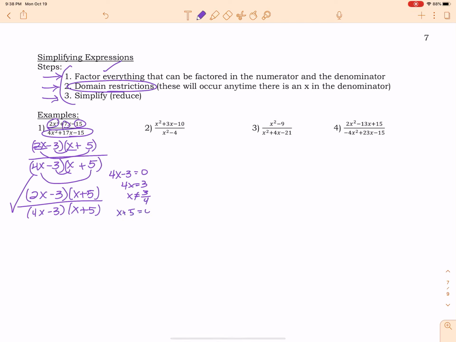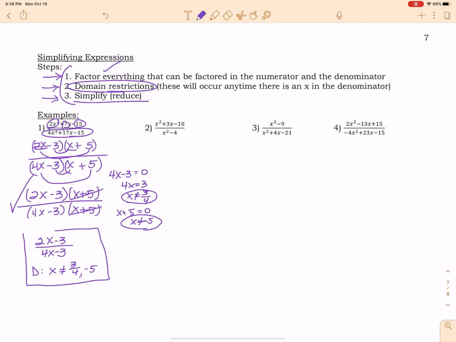And x plus 5 equals 0. X can't be -5. So those are my domain restrictions. And now I'm going to reduce. So these go away, and I'm left with 2x minus 3 over 4x minus 3, my domain: x can't be equal to 3/4 or -5.